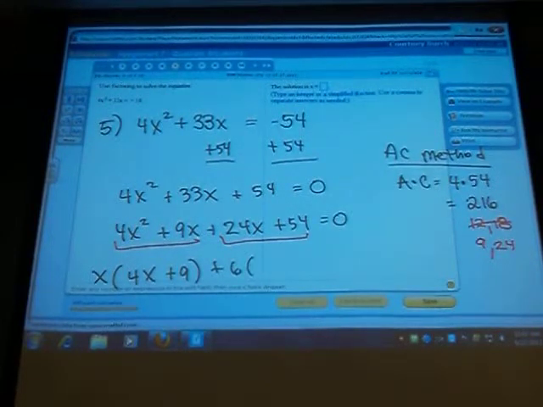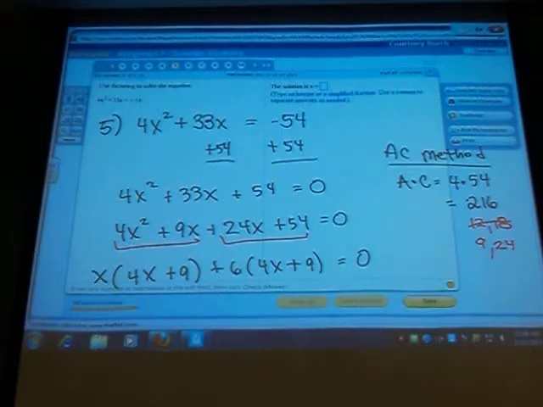You want to take out the highest possible thing. That would also leave me with 4x plus 9. And if you notice that my parentheses are the same, which is good because we have to have that to move forward, because I'm going to take out this parentheses. Okay, so what would my final factorization be? 4x plus 9, and the other one is what is left in front here, which is x plus 6.